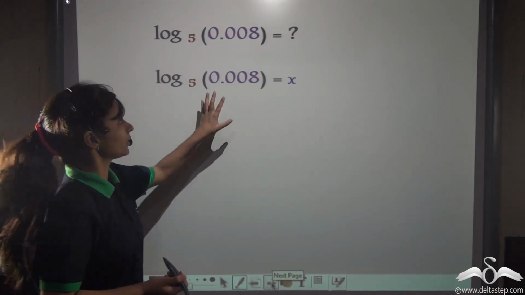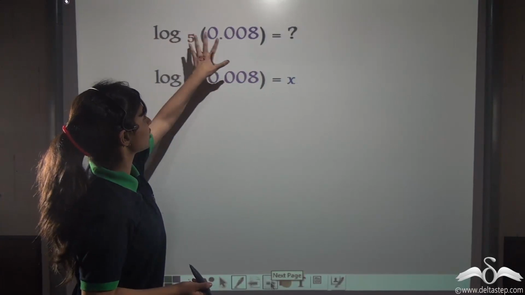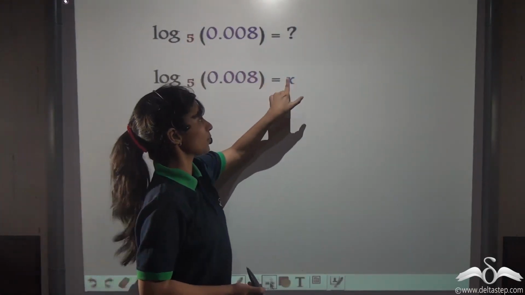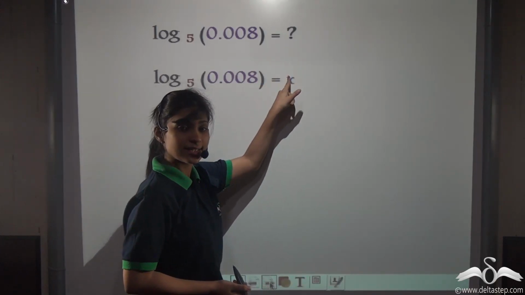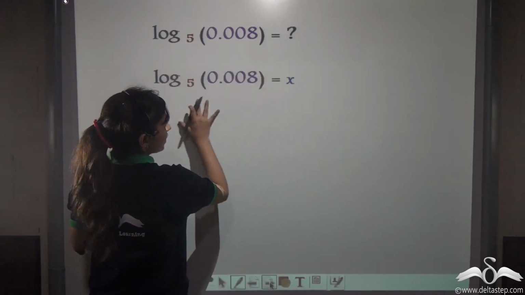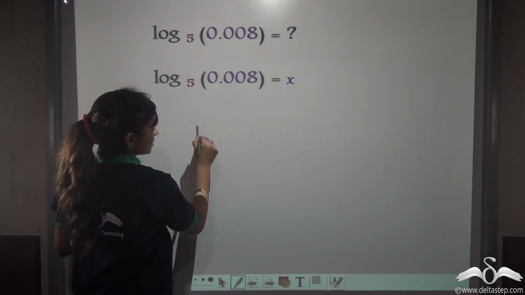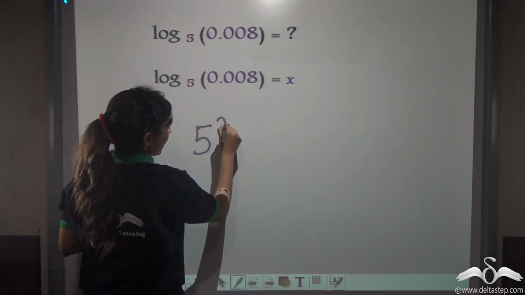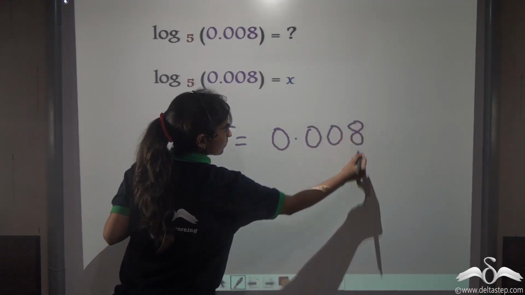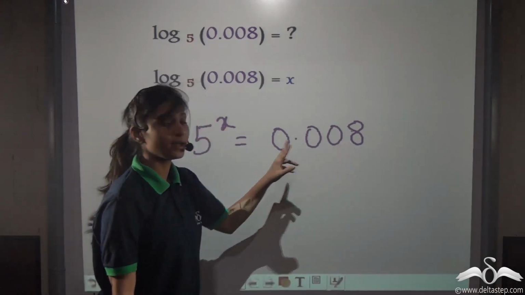Well, again, we will take this missing number as x. So log of 0.008 to the base 5 is equal to x, because this is unknown. We have taken this as x. Similarly, like in the previous case, we convert this logarithmic form to exponential form. So 5, the base remains the same, to the power x gives you 0.008. Well, you may be thinking, now how to solve this? 8 is not a multiple of 5.